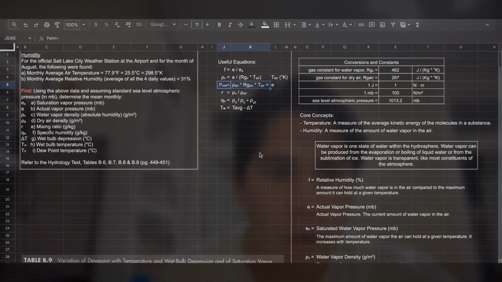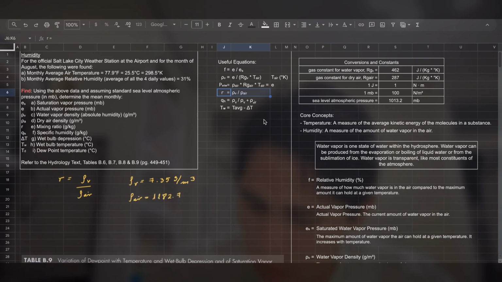Now for part E, we're asked for the mixing ratio. And the mixing ratio is denominated as R, and the equation will be this equation here that I'm highlighting. R equals the density of the water vapor over the density of the dry air. And we have solved already that this is 7.35 grams per cubic meter, and the density of the air equals 1182.7 grams per cubic meter.